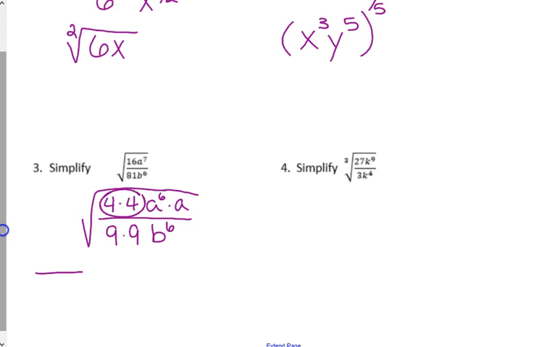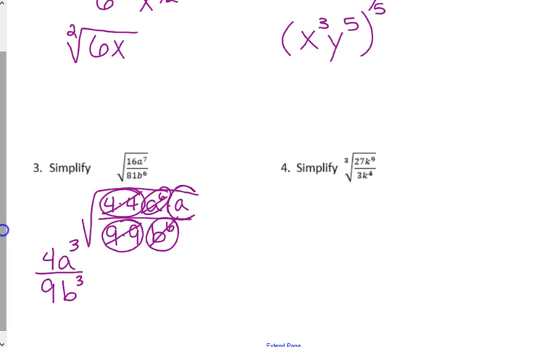So we have a pair of 4s. I'm going to bring that and put it on the top in our numerator. A to the 6th, what we're going to do is divide that exponent in half and also put it in the numerator. We have a pair of 9s, so that goes on the denominator. And we have b to the 6th. 6 is divisible by 2, so we end up with b to the 3rd.